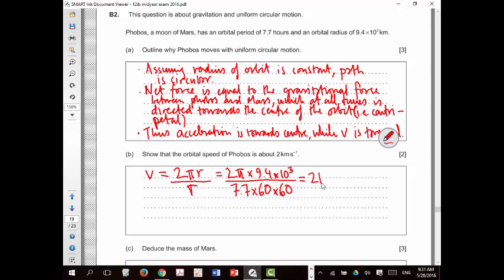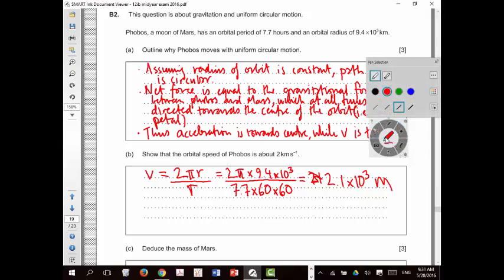Or in fact, let's just write 2.1 times 10 to the 3 meters per second. Okay, and I'll just correct this mistake that I made in my working here, which is that it was actually 10 to the 6 because it was 9.4 times 10 to the 3 kilometers.